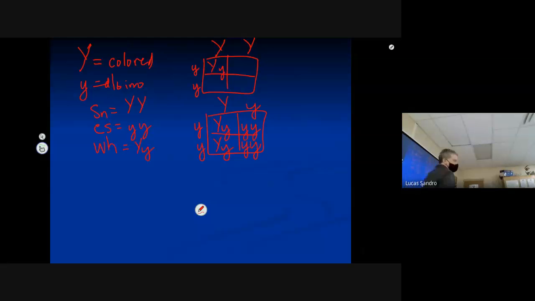Then, if a male of the first litter is mated to a colored female of the second litter. Okay, so first male and female doesn't matter, does it? So first litter, and then colored female, that'd be this half of second litter. That's just big Y little y crossed with big Y little y.